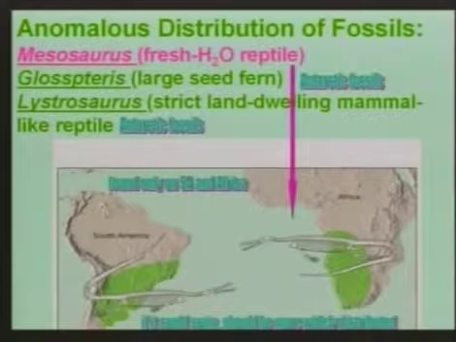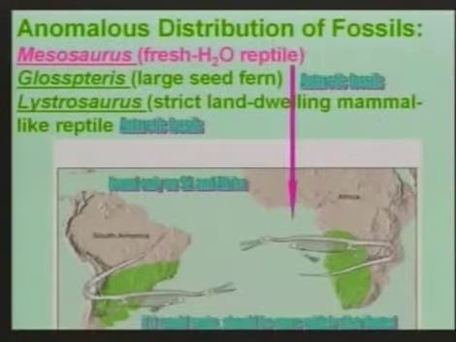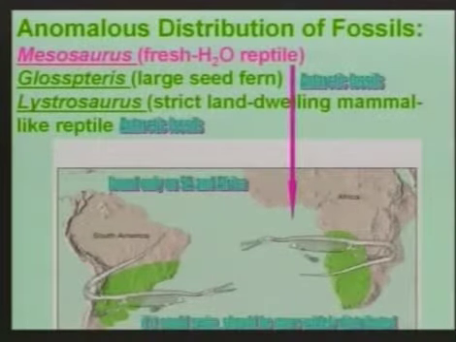It's impossible in terms of reproduction to have the same exact thing in a gene pool do that. Unless, of course, this freshwater reptile decided to swim thousands of miles across the salty ocean to reproduce.